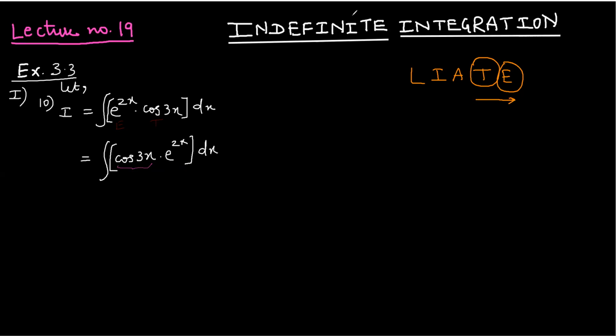So as we all know, I apply integration by parts. When we are integrating by parts, the first function is u and the second function is v. This one only gets integrated. The first one is not integrated.